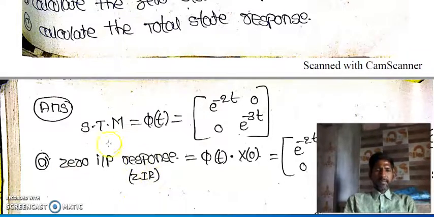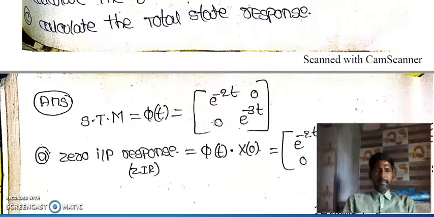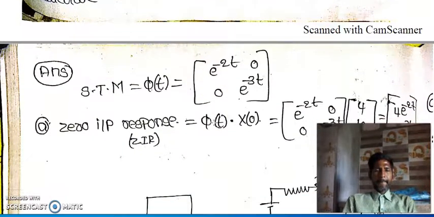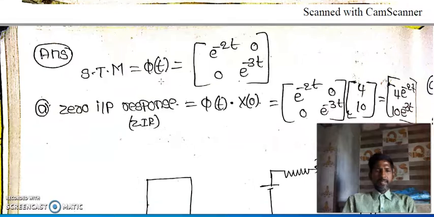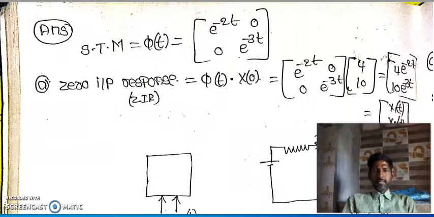Find the state transition matrix phi of t, equal to this. For that, the state transition matrix is (sI minus A) whole inverse. The zero input response is phi of t into x of 0.